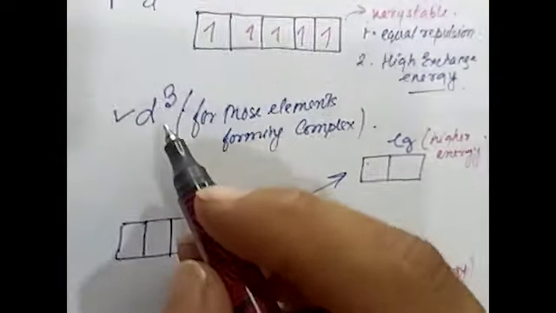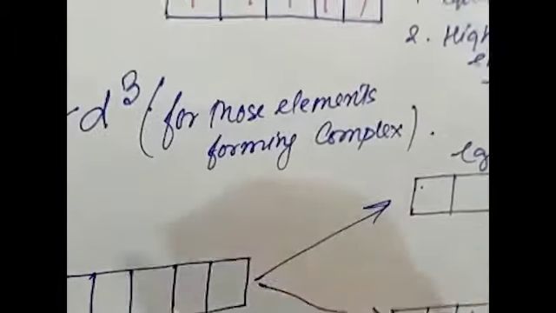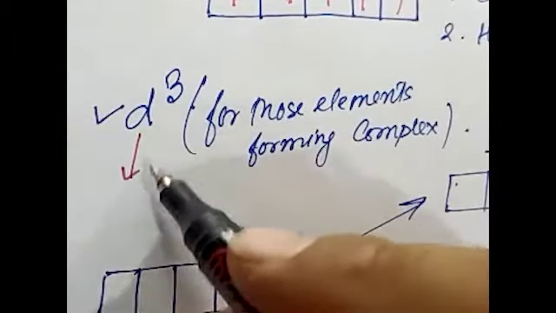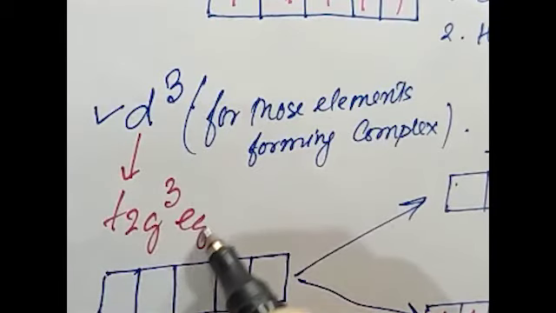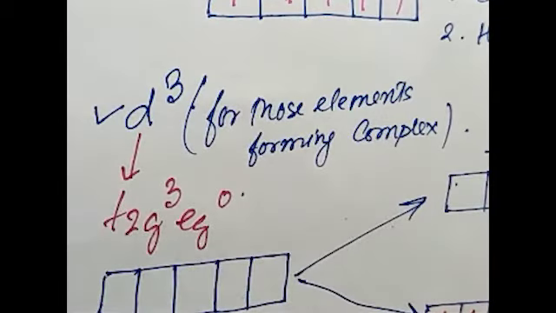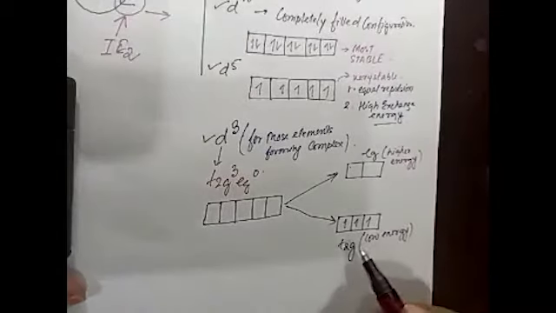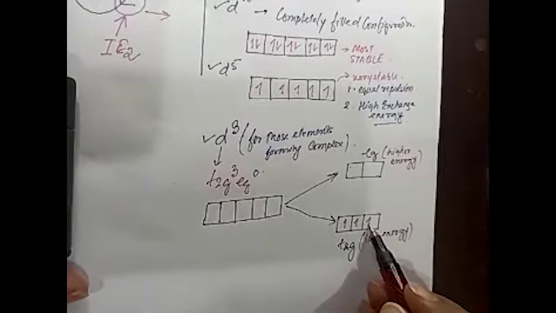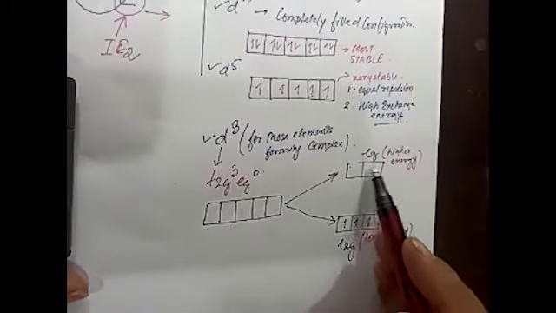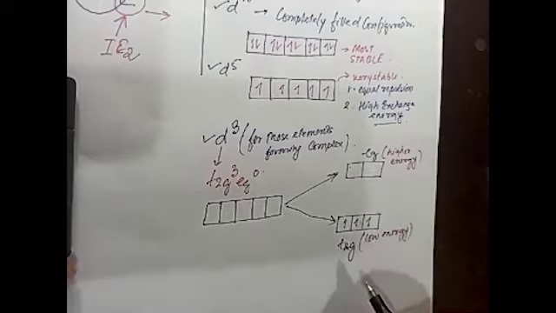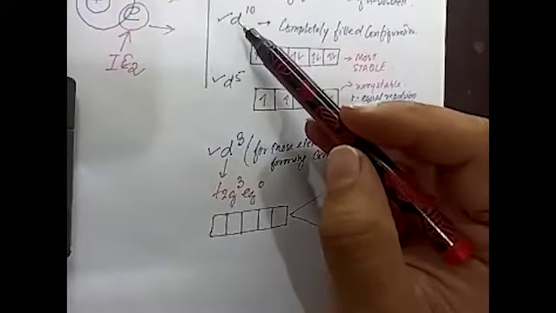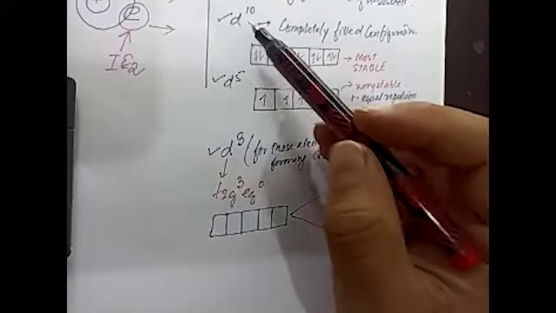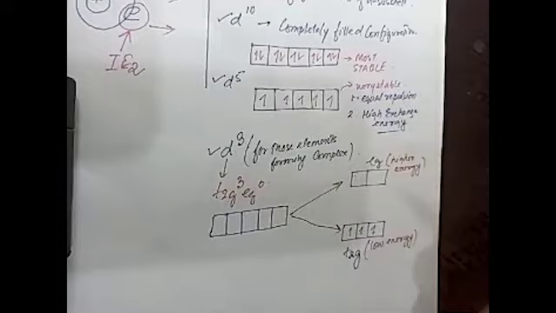D3 actually means T2G3 EG0. ठीक है? Already in T2G we have 1 2 3 electrons, and in EG we do not have any electrons, so this is also a very stable configuration. So बहुत ज्यादा stable configurations are D10, D5 and D3.